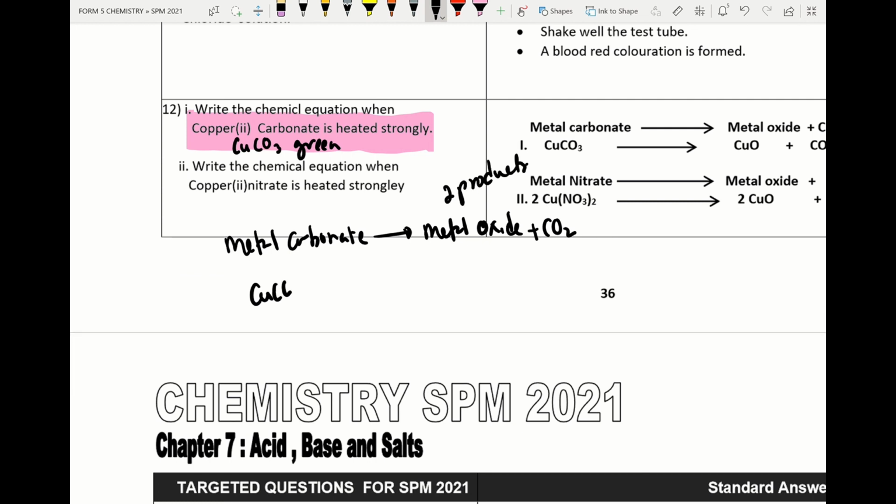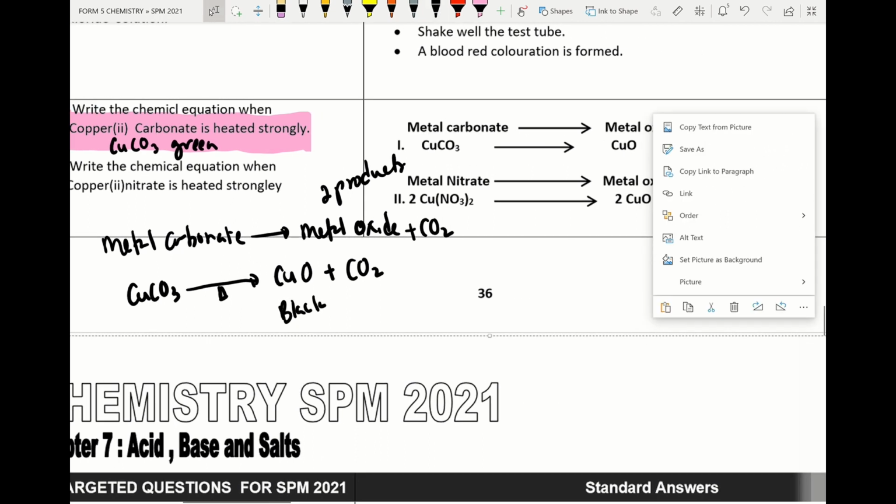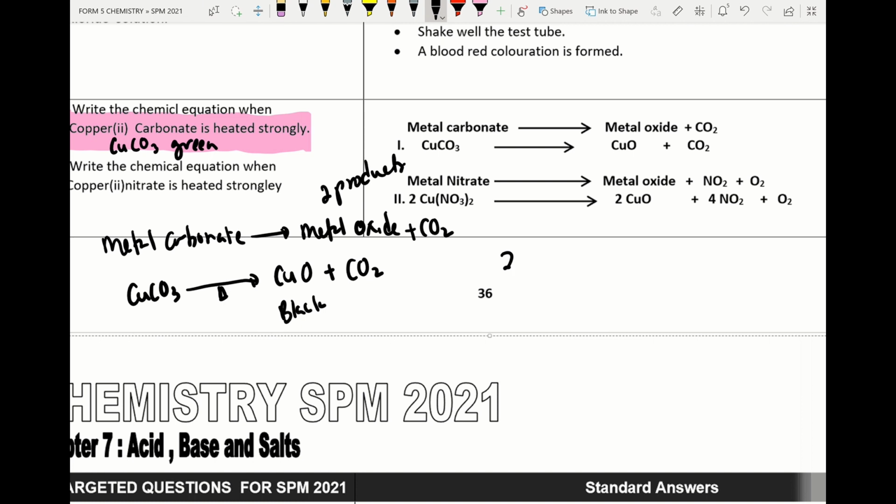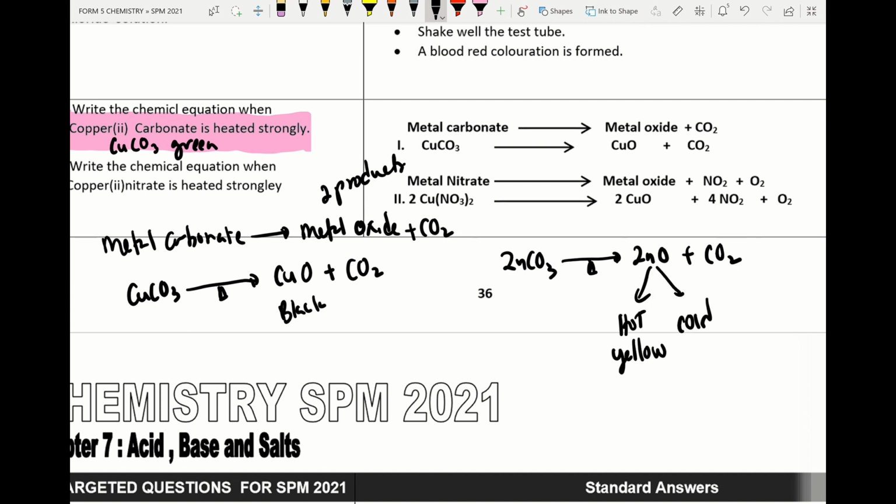Copper(II) carbonate when heated gives copper(II) oxide and carbon dioxide gas, and copper(II) oxide is a black solid. When zinc carbonate is heated, we will get zinc oxide plus carbon dioxide gas, and this zinc oxide is yellow when hot and turns white when cold.